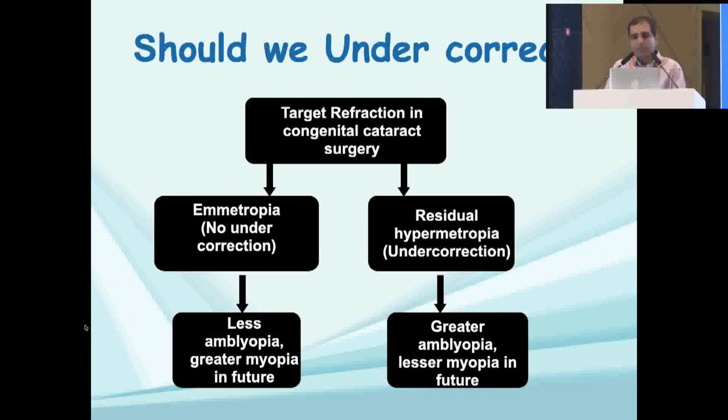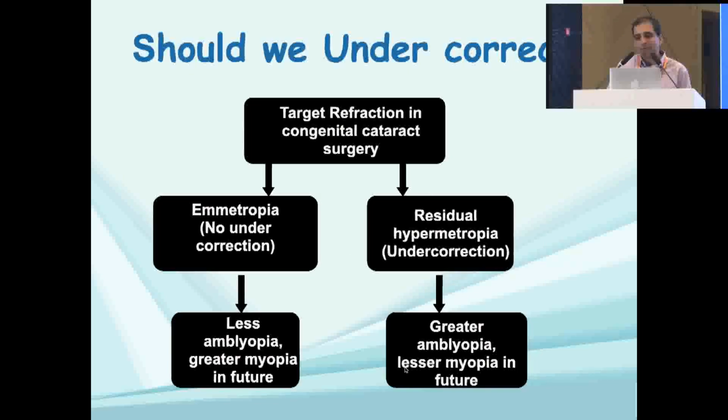One is if you go closer to emmetropia, which is not much of undercorrection, you are less likely to have too much amblyopia in the beginning, but the chances of ending up with myopias of 10, 12, 13, 14 as they grow up are very, very high. And therefore the principle of leaving behind some amount of residual hypermetropia or undercorrection at the time of primary surgery, which has a slightly higher chance of amblyopia immediately, but lesser chances of extreme myopias occurring in the future.